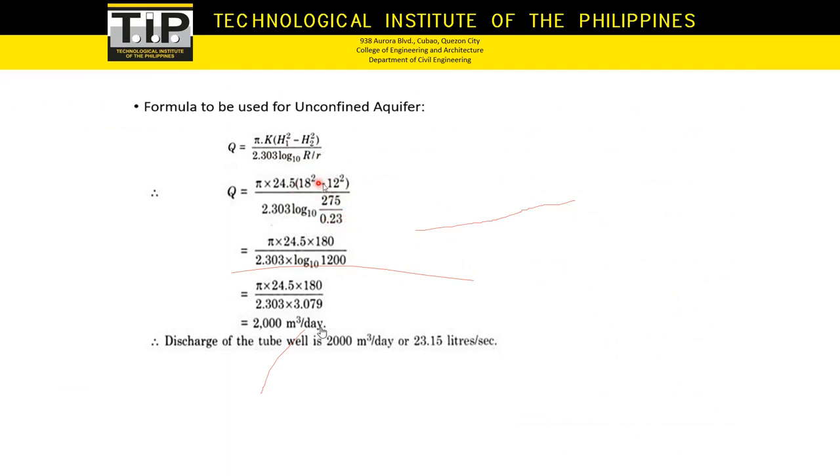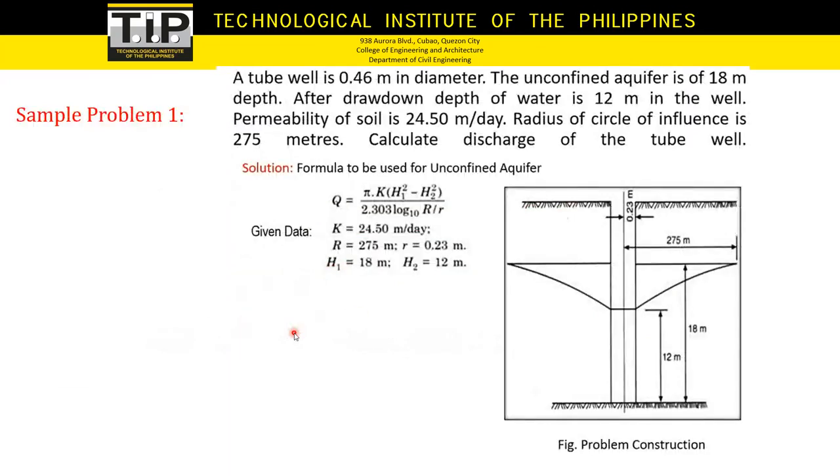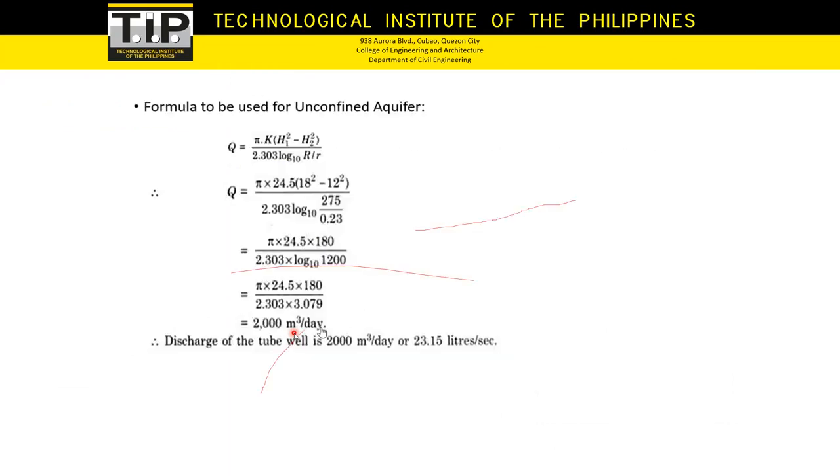Here, he just did it step by step. 18 squared minus 12 squared is 180. 275 divided by 0.23 is 1,200. And then, voila, we have the value of Q. This is the discharge of the tube well, Q, 2,000 cubic meters per day, or in terms of liters per second, 23.15.